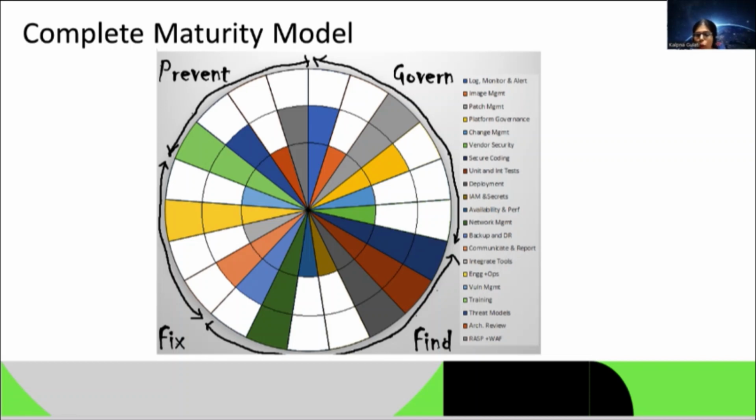So depending on which stage you are in, you can have a complete maturity model defined for your platform on these three concentric circles. And the ideal state would be when all the segments of the circle, or these small blocks in the circle that you see, are all colored, right? That is the ideal state that we want to achieve. We may reach there slowly, but eventually we would, right?